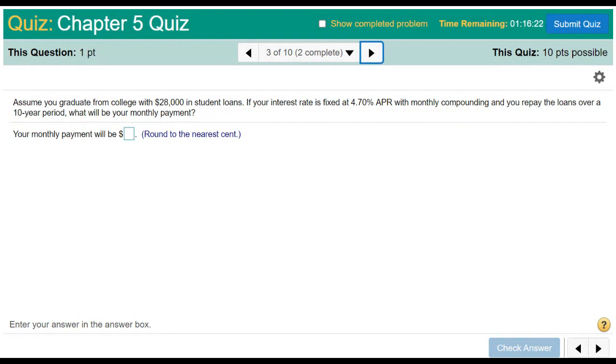Okay, so here, this is monthly compounding for 10 years. So 10 times 12 is 120. So we're going to say N equals 120, and we're going to have to convert the interest, 4.70 divided by 12.